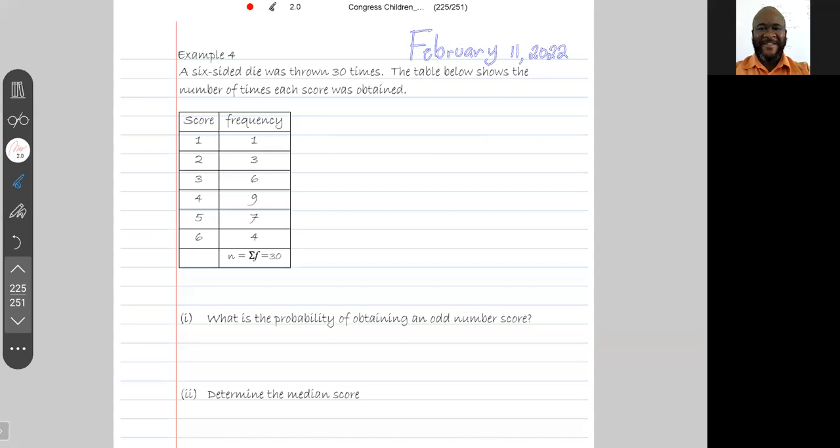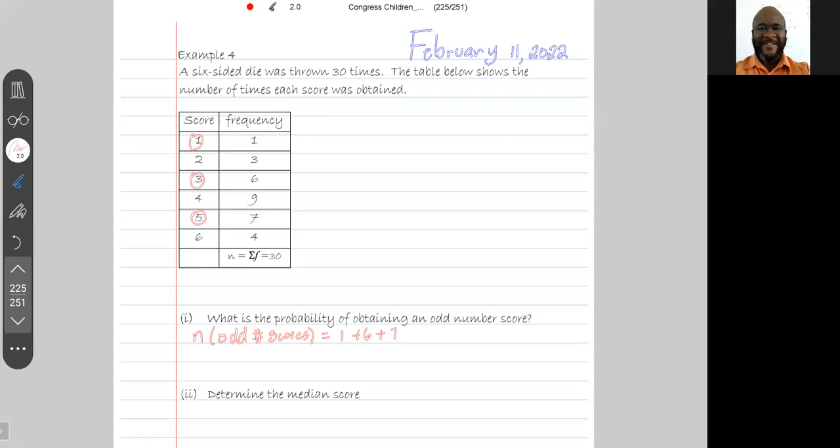So the first thing we want to know is how many times altogether there was an odd number score. These are your odd number scores, 1, 3, and 5. So the total number of odd number scores would be 1 plus 6 plus 7.